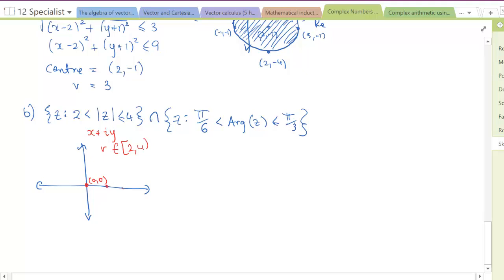So here we are at 2 and 4, negative 2 and negative 4. Then we're looking at the solutions between those two lines. Now, as it doesn't include the 2, we should have that as a dotted line.